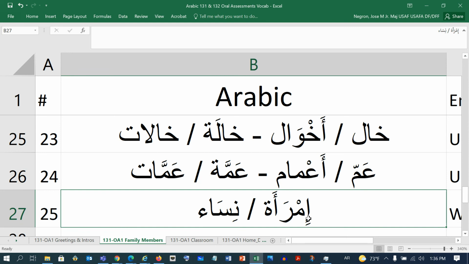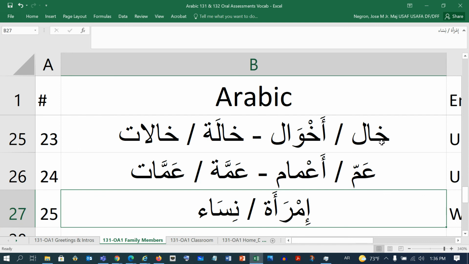So imra'a is a woman. So you might hear imra'at khal. So that's the wife or the woman of my maternal uncle, or imra'at khali, that's the possessive version.